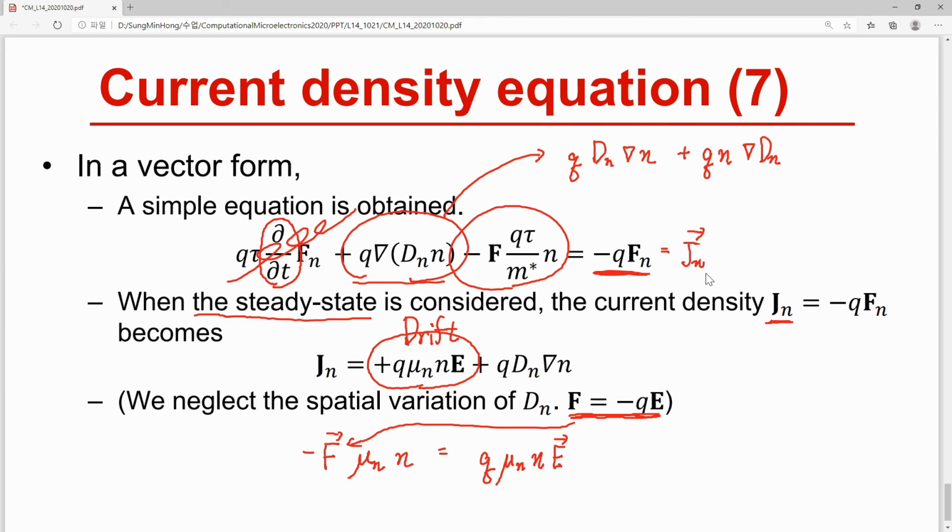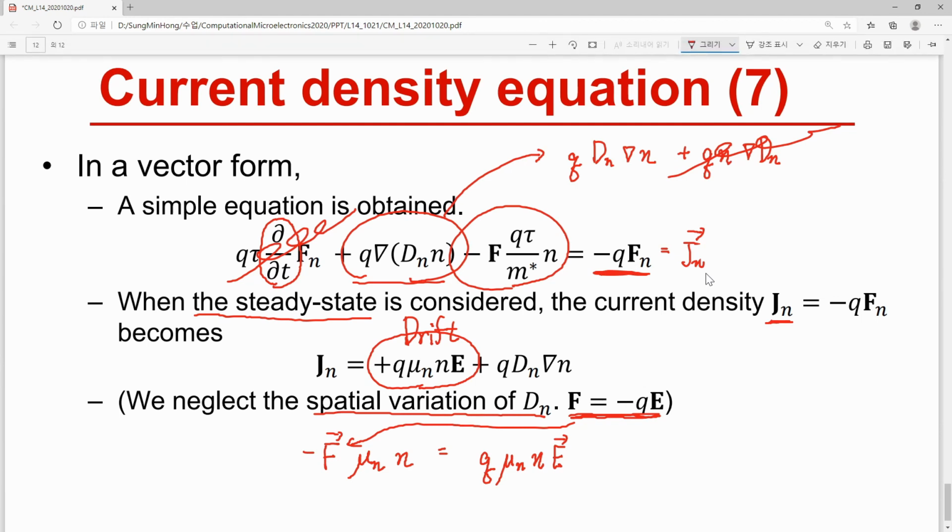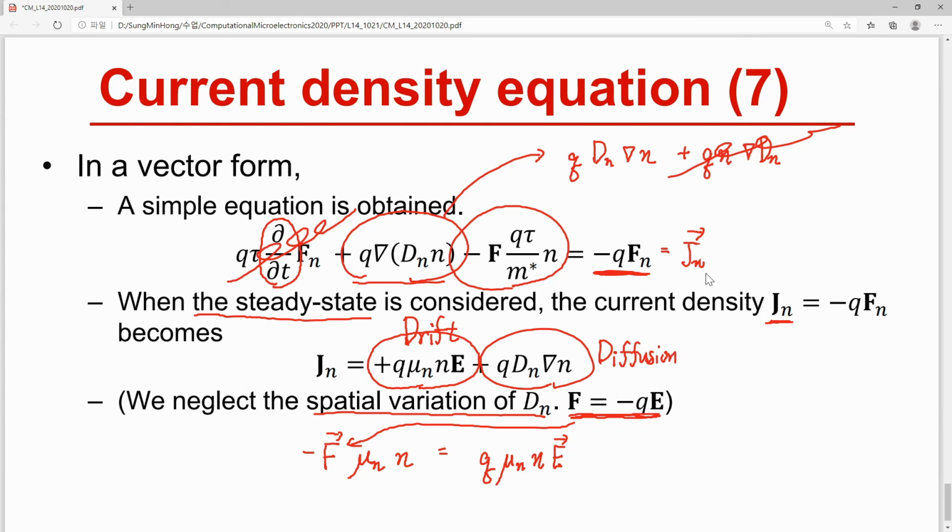However, we neglect the second of these because the spatial variation of d sub n is neglected. Then now we have the so-called diffusion term.